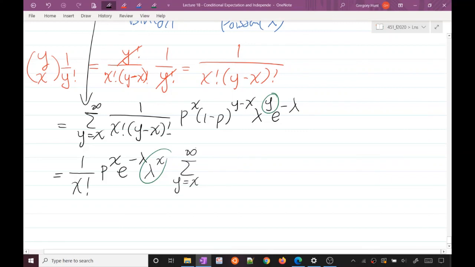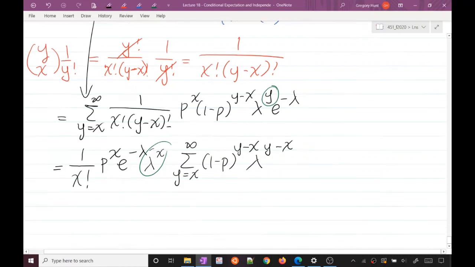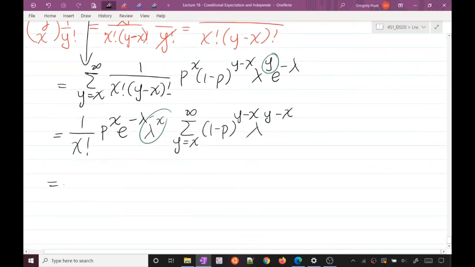What's left is the sum from y to infinity of, I still have my 1 minus p to the y minus x. Because I factored out lambda to the x, I can write this as lambda to the y minus x, right? Let's just rewrite what we factored out here.